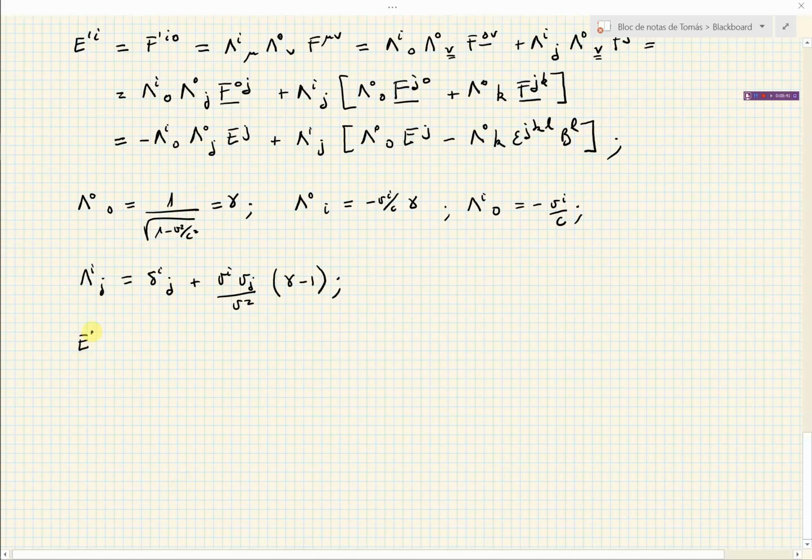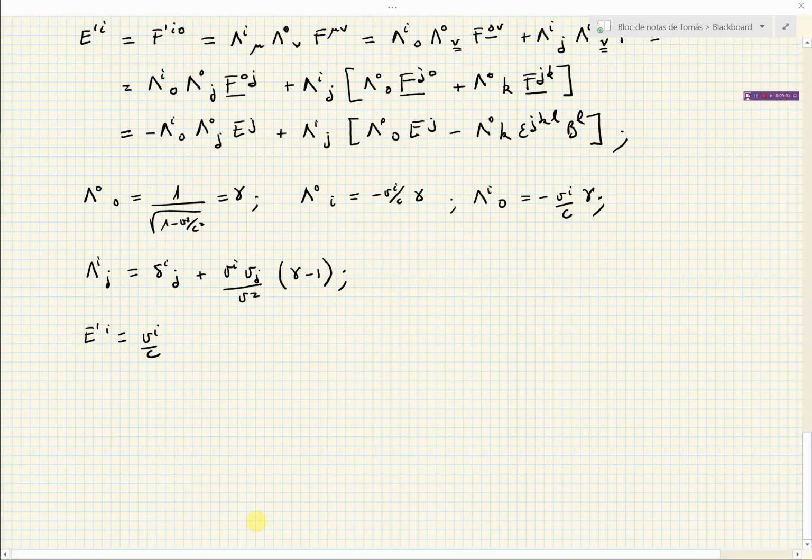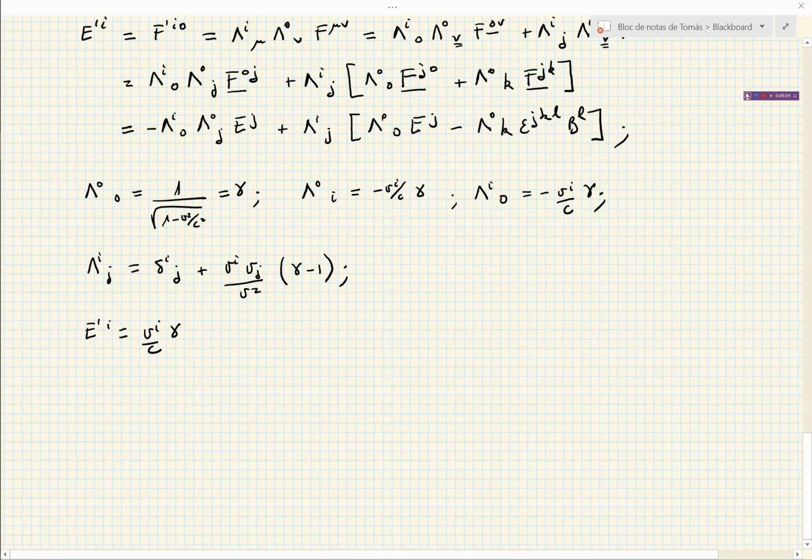So we have E prime i equal to minus, and minus times minus is plus, so this is v i over c, sorry, I forgot a gamma here, v i over c gamma, and lambda 0 j, which is again a minus, v j over c gamma, and then E j.